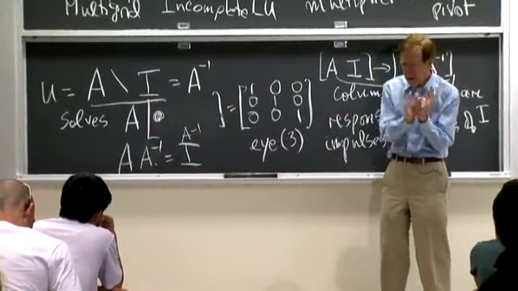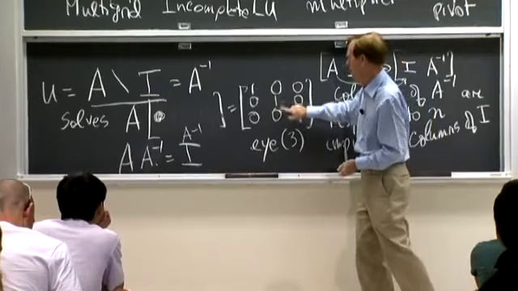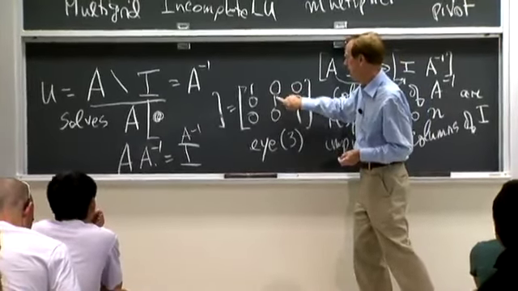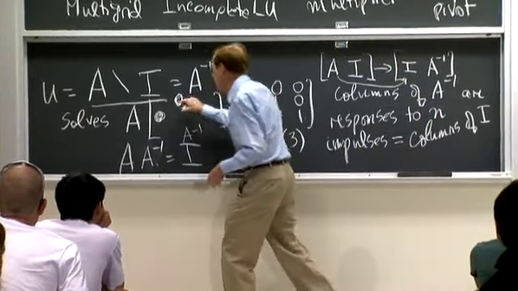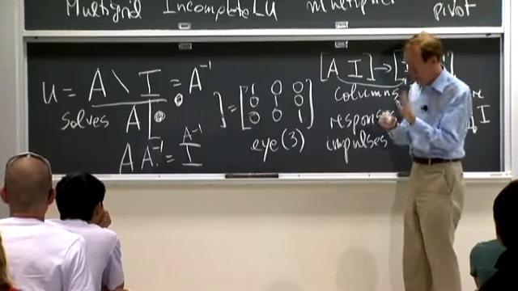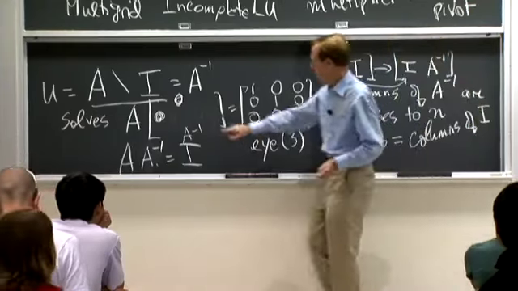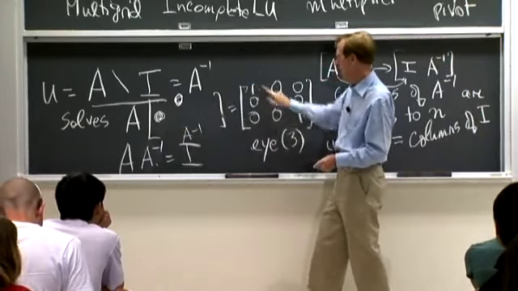Now my matrix is symmetric. I'm thinking about symmetric matrices here. So what about here? If I take the impulse in position 2 and look at the response in position 1, do you see the difference? In general, those could be different. This is the response at position 2 to an impulse at 1.